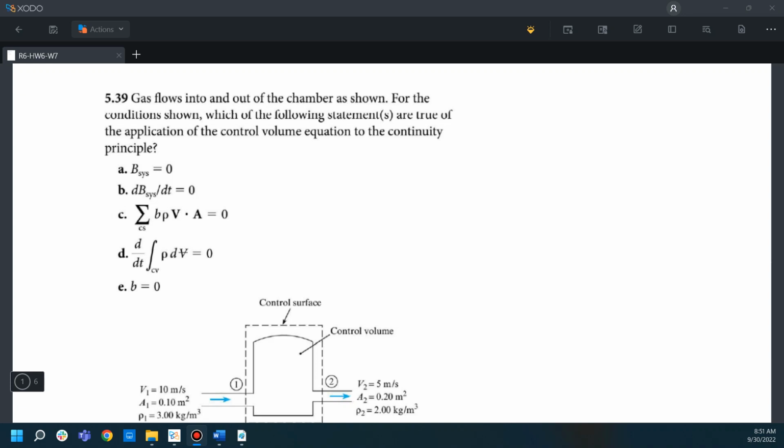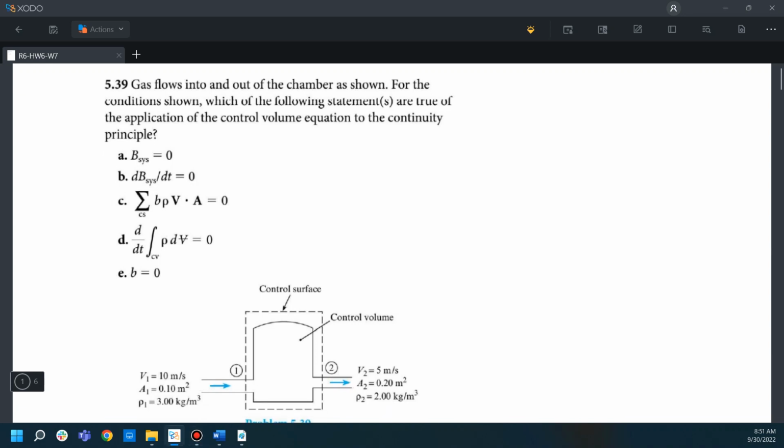So let's look at the first problem, 5.39. Gas flowing in and out of the chamber are shown for the condition shown. Which of the following statements are true for the application of the control volume equation to the continuity principle?